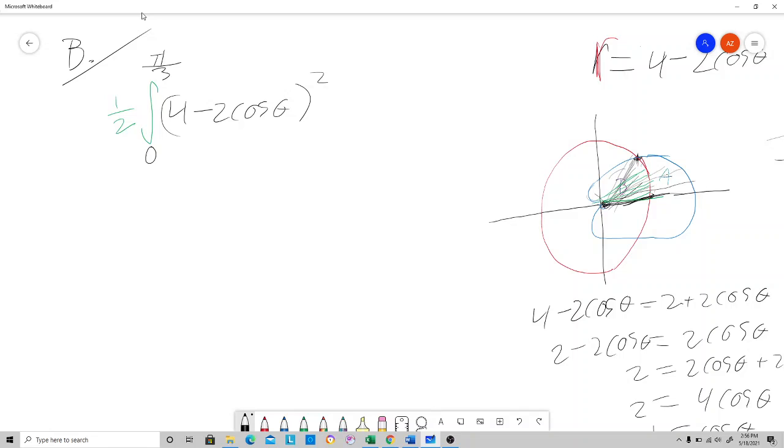And then once we finish this one, we're actually going to need to change our integrand to 1/2 from pi over 3 to pi. It should be 1/2 pi, but you could always double check in your calculator.